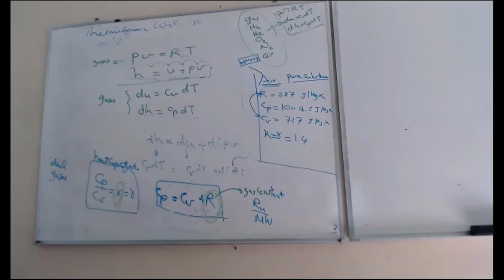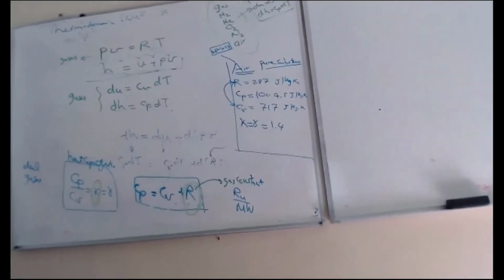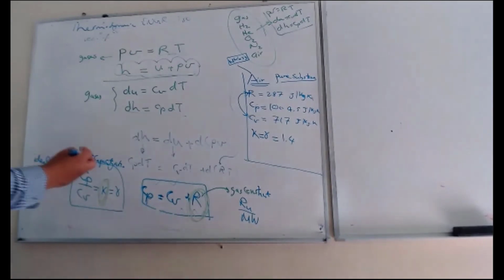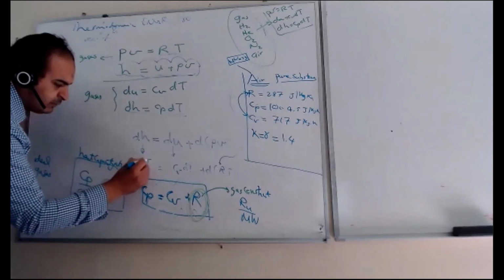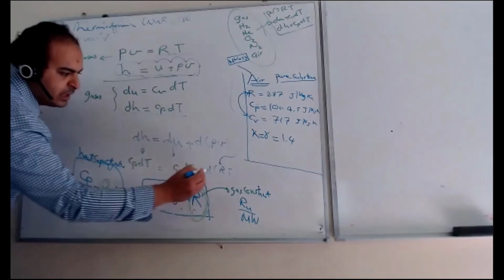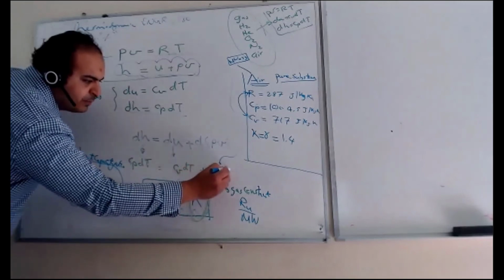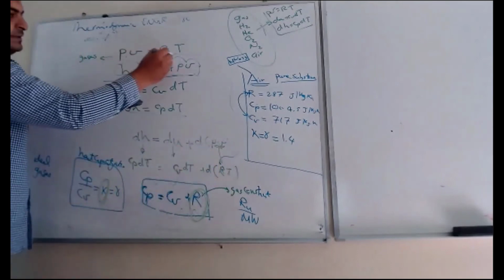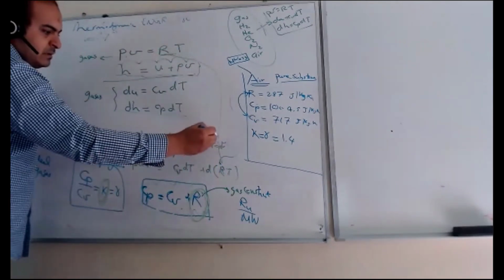I had a question. For the equation where you plug in dH and dU, for dU, it's Cv dT, right? Yes. Cv. So it's Cp delta T for delta H, Cv delta T for delta U, and RT for PV, since PV equals RT.